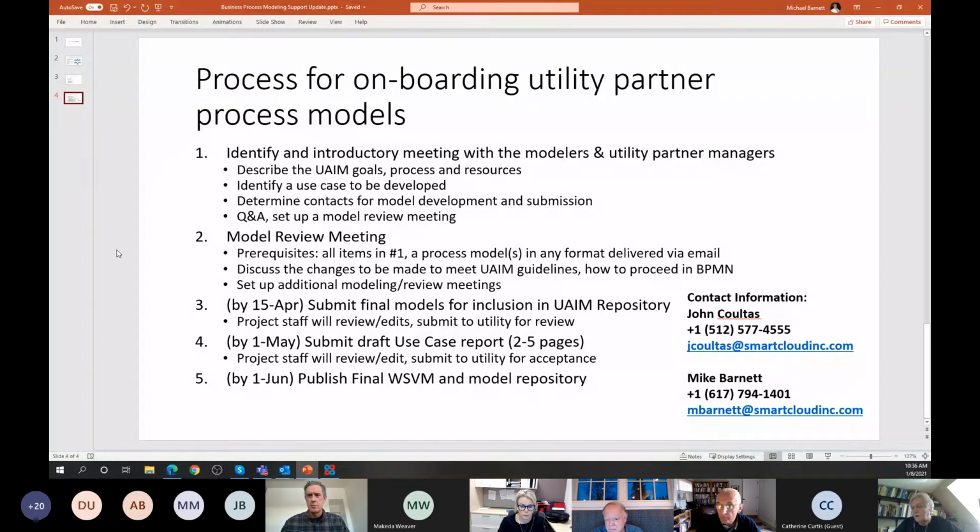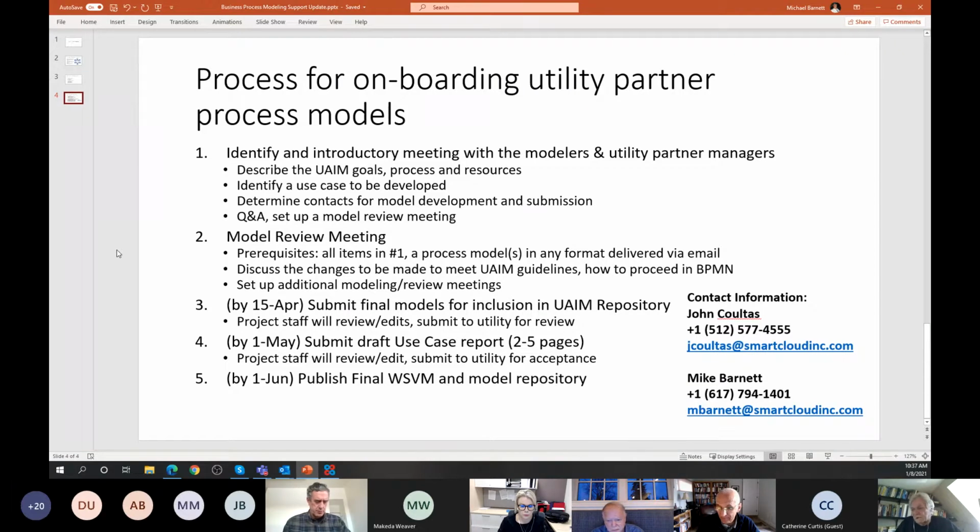Then John will help set up these model review meetings, and might be 1 or 2 or a few short meetings to help us understand what you are contributing, and making sure that it meets the UAIM modeling guidelines and getting them into the repository. So the real deadlines that we've set for ourselves are in the last 3 items here.